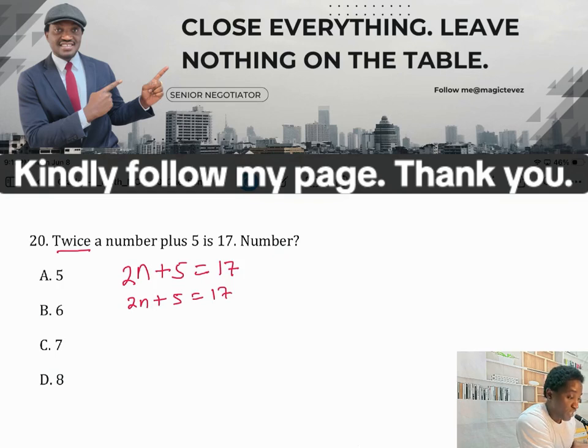Let's rewrite it. Because we want to find n, we have 2n is equal to 17 minus 5. So this is 12.